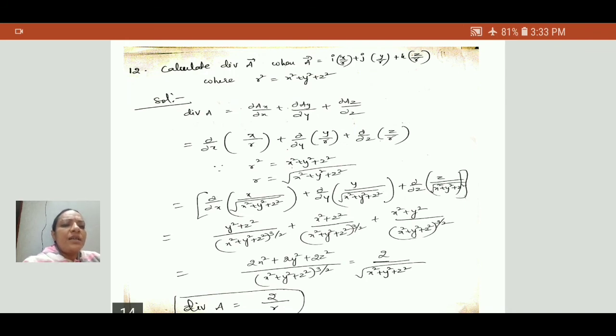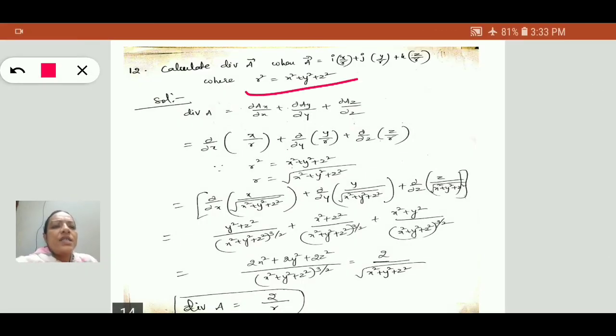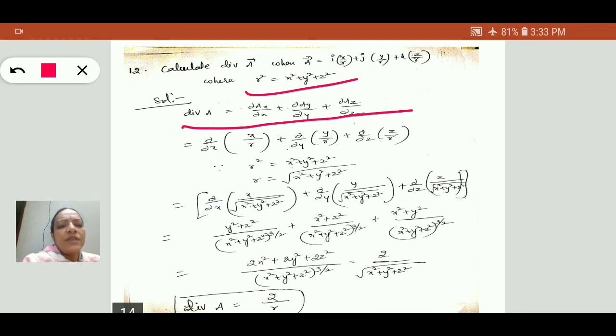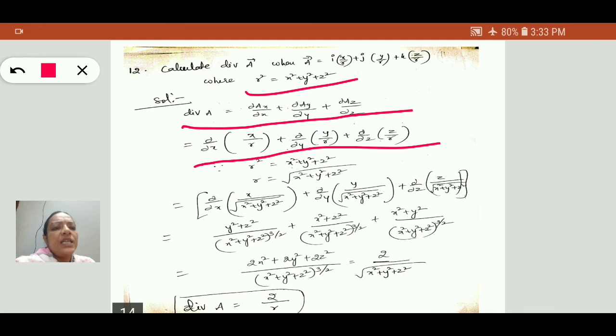Here r is the magnitude of the position vector, given as r² equal to x² plus y² plus z². The divergence we already know, the same method we have to follow: ∂Ax/∂x plus ∂Ay/∂y plus ∂Az/∂z, that is ∂/∂x of x/r, ∂/∂y of y/r, ∂/∂z of z/r. Here we have to substitute the magnitude in place of r.